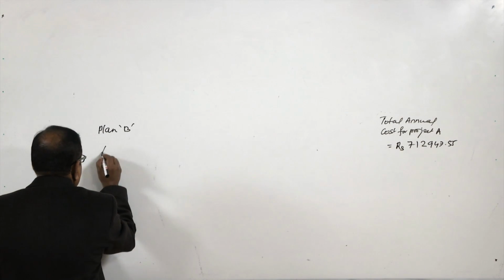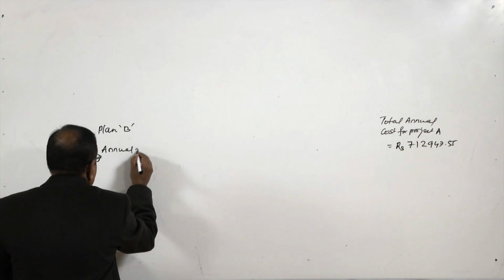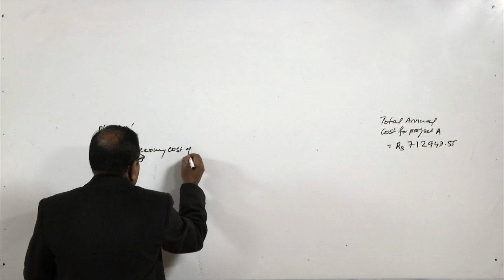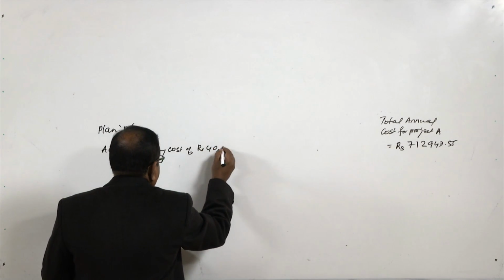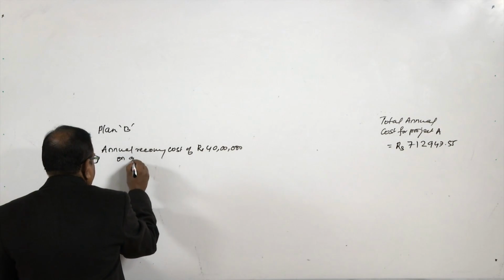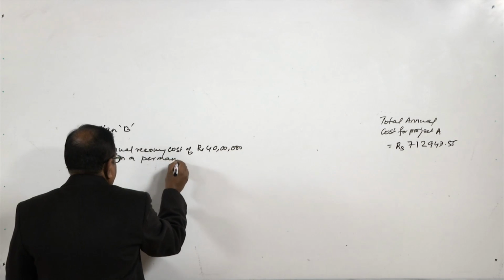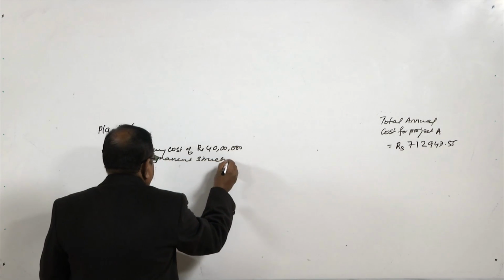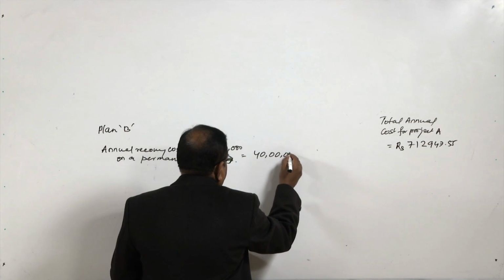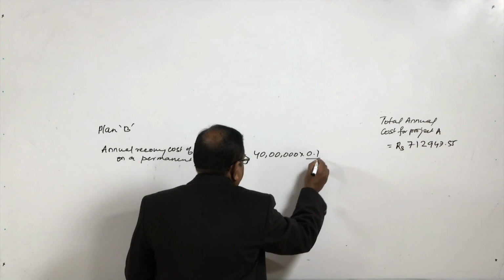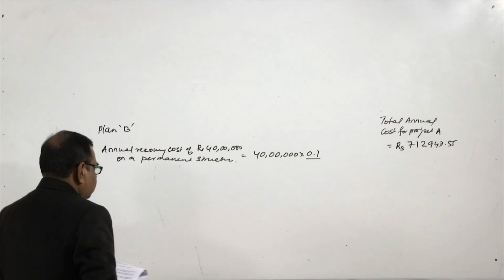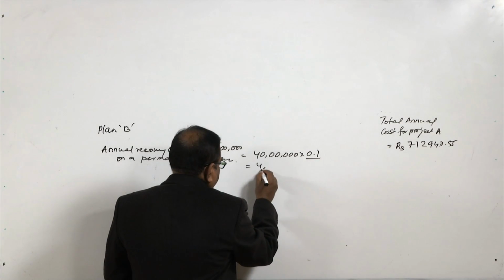So the annual capital recovery cost of rupees 40 lakhs on a permanent structure is equal to 40 lakh into 0.1, which is the value of i. Now, this becomes 4 lakh.